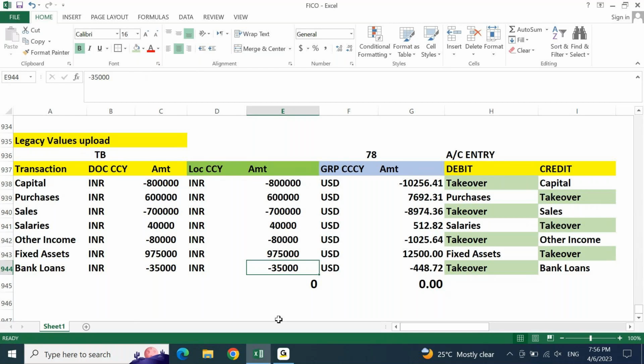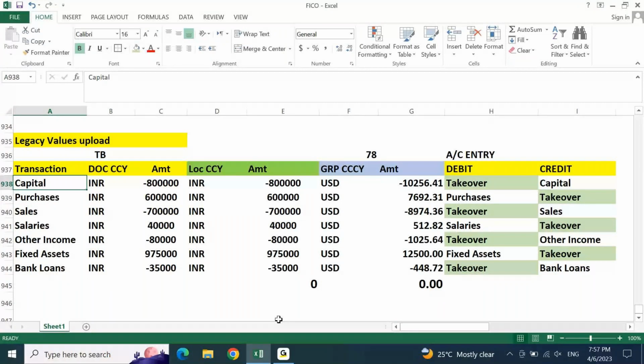Clear? Now, once you get this, the first thing you have to do is look at the accounts in your trial balance. I'm not going into detail on the trial balance. Let's say we take only these accounts. You have to be able to classify the nature of the account by looking at the account name. The first one, what account is this?